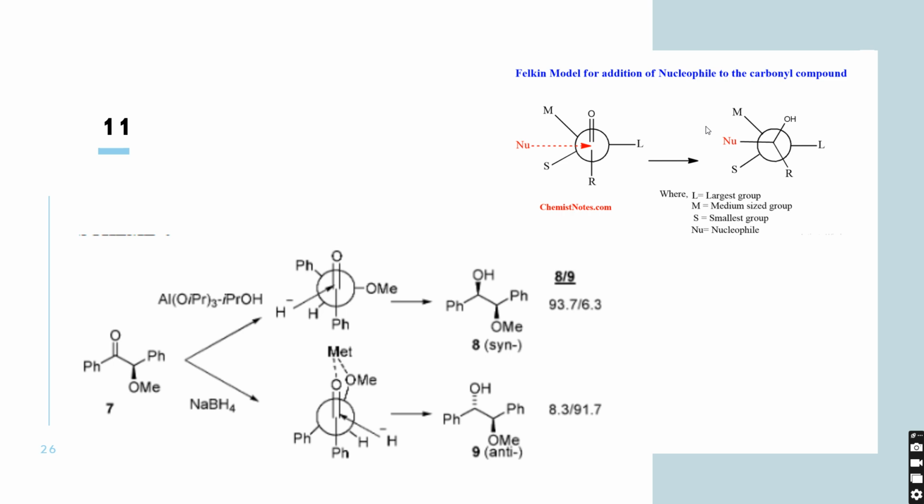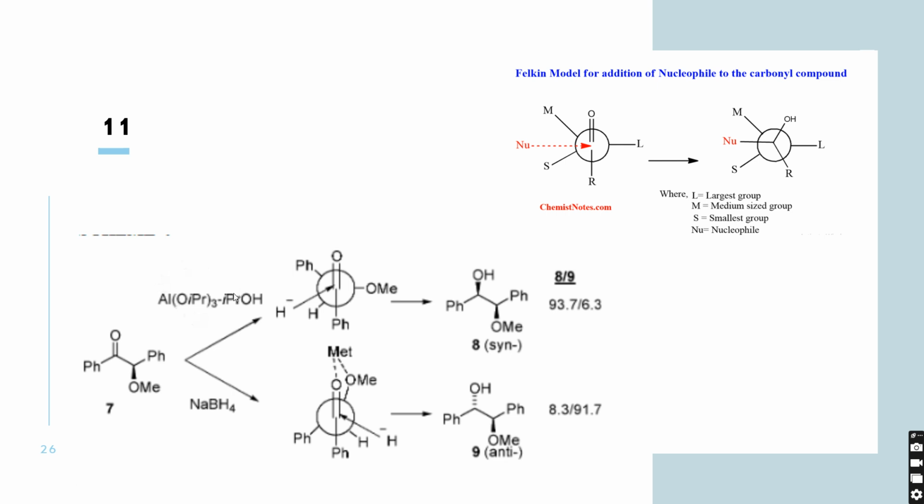In that course, this particular topic has been extensively covered, or now also we can revise it quickly. So what happens, this is your substrate, which is containing, suppose, a methoxy substituent at the alpha position, and in the question you are given this condition, which is the Meerwein-Ponndorf-Verley reduction condition.